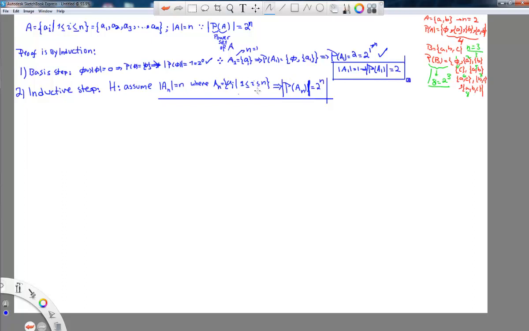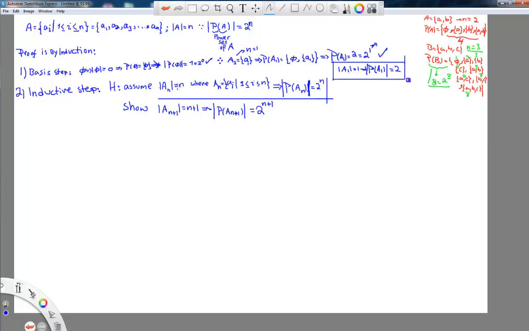Assume that is true. Then what I want to show is that if that were the case, if the size of A sub n plus 1 is n plus 1, then the size of its power set A sub n plus 1 is going to be 2 to the n plus 1.